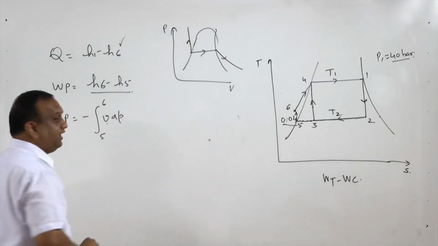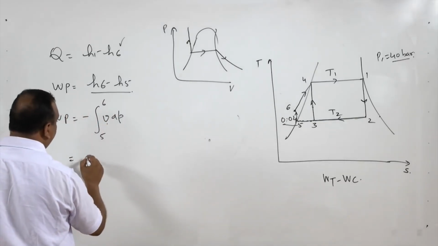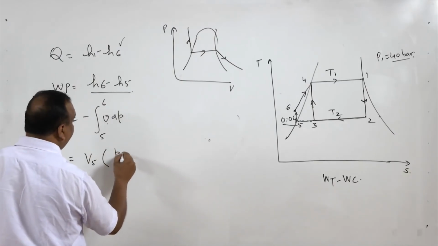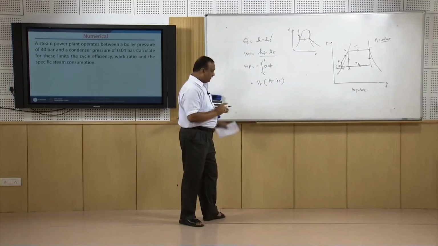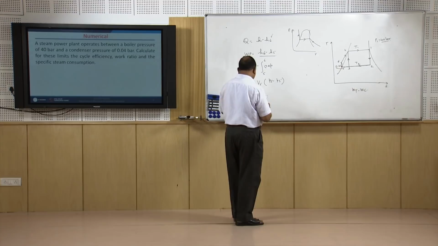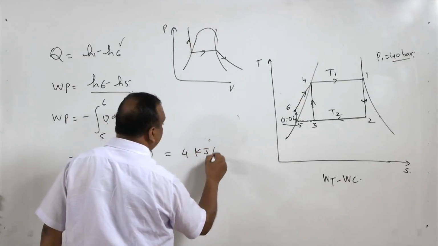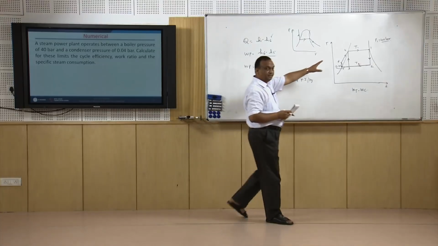So, this can be taken as constant, and dP is the pressure difference. So, we can always take specific volume at state 5 multiplied by P6 minus P5. I have done this calculation, and the specific work of the pump is approximately 4 kilojoules per kg. It is almost insignificant if you compare the output of the turbine.